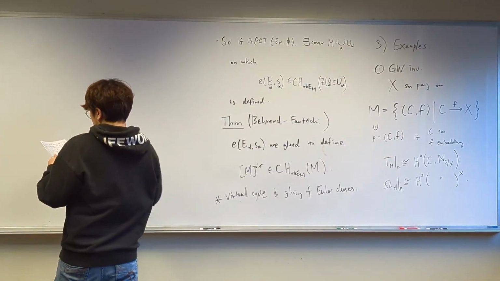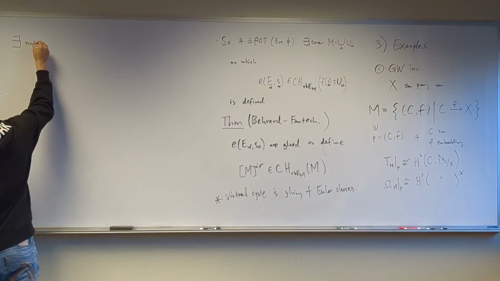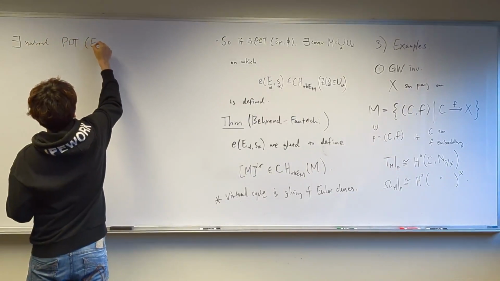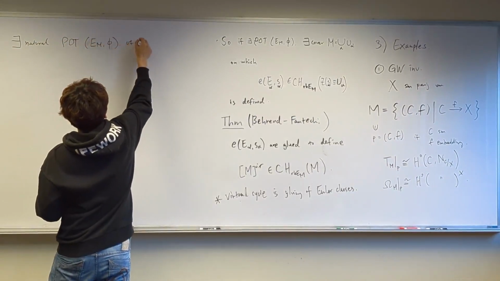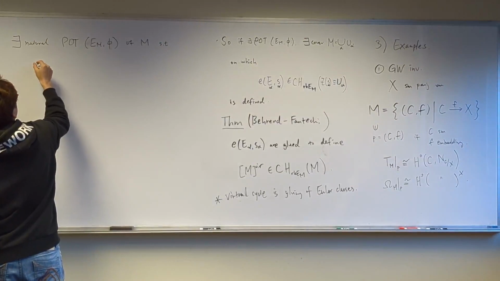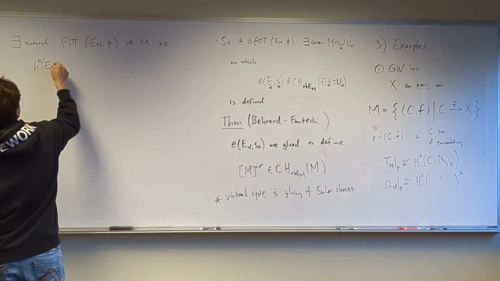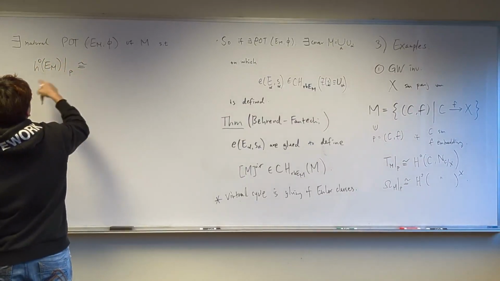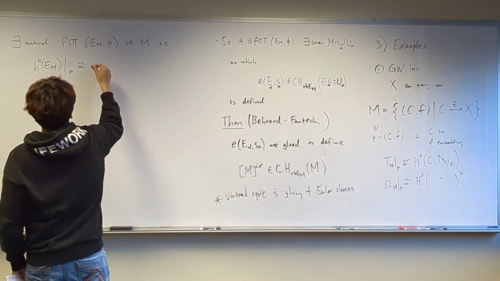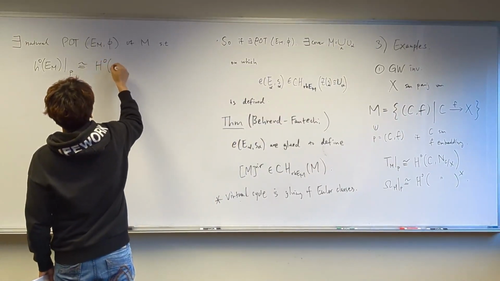In this case, we can construct a natural POT of M such that at every point, the cohomology at P is equal to that.